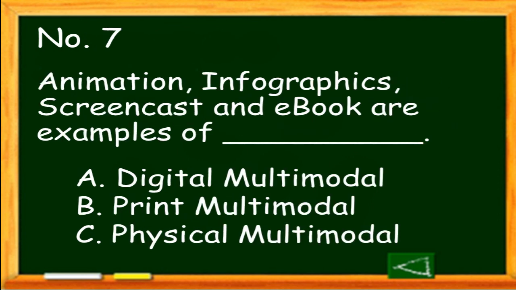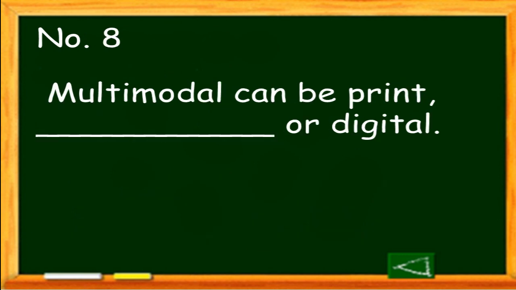Number 7. Animation, infographics, screencast, and ebook are examples of A. Digital multimodal. B. Print multimodal. C. Physical multimodal. Number 8. Multimodal can be print, blank, or digital. Provide your answer.